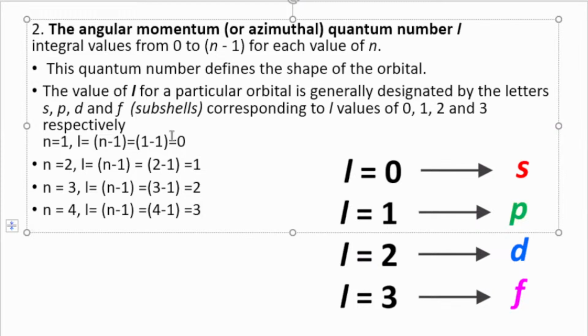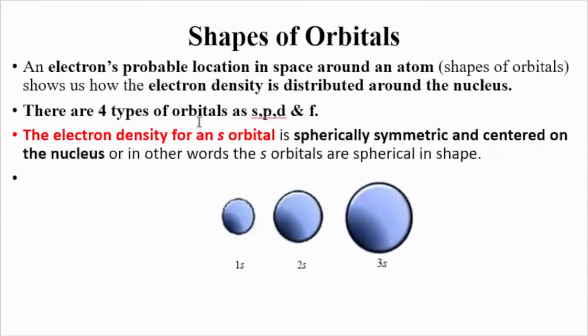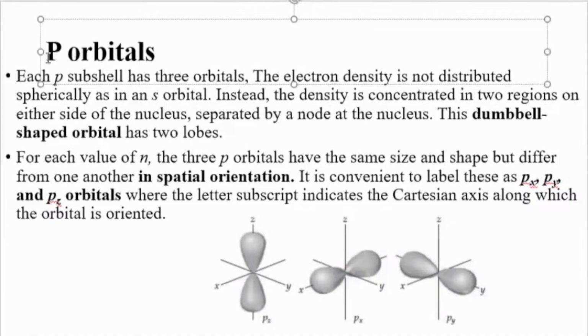Okay, so for the S, there is only one S shape of orbital, but for P shape of orbitals, there are 3 P shapes of orbitals.